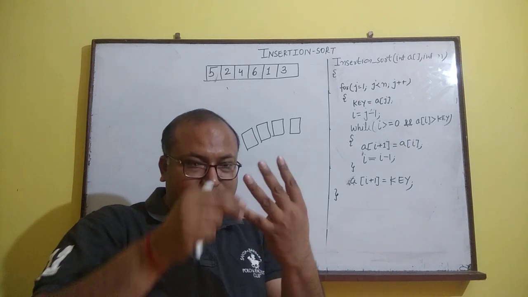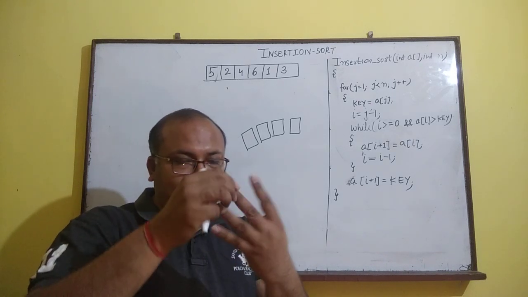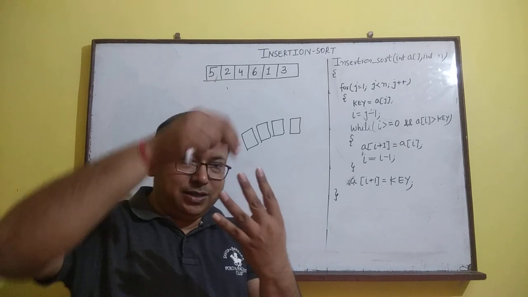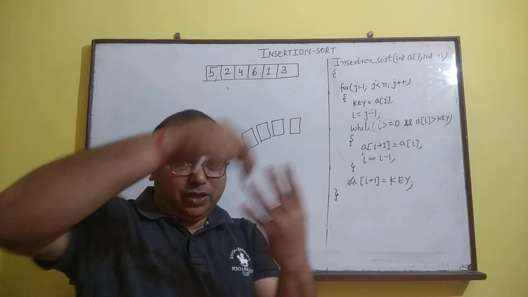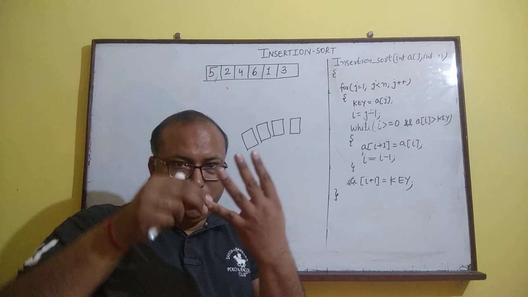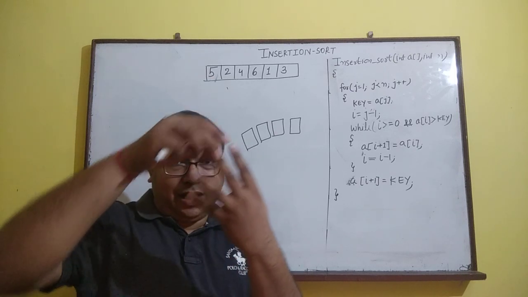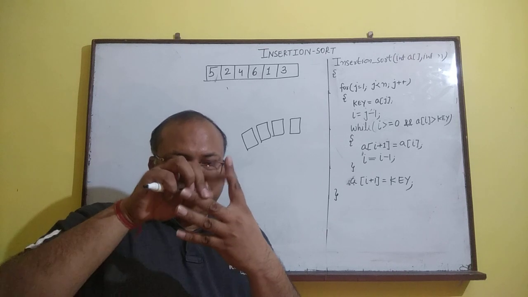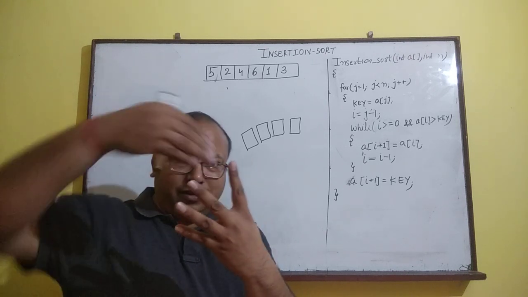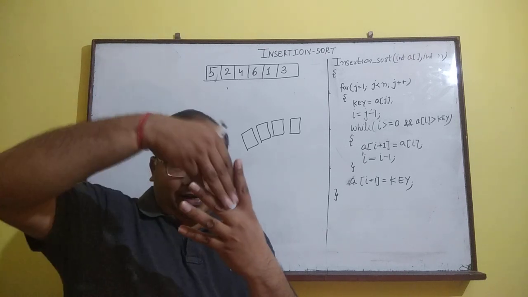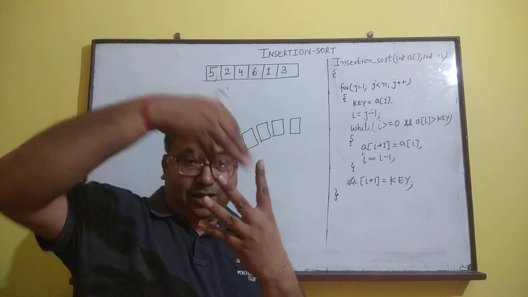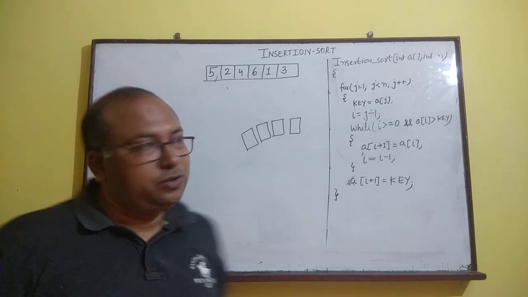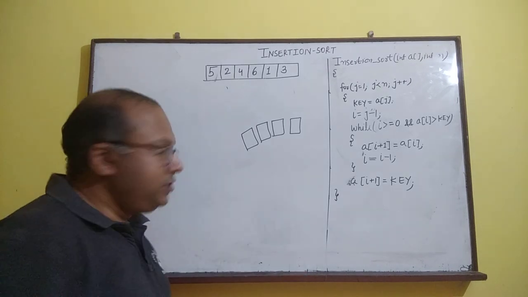If any card needs to be arranged, that card should be inserted somewhere in between the previous cards. So we need to shift all cards to the right side, then make the appropriate place where the next card can be inserted in our hand. The same approach we apply in insertion sort.